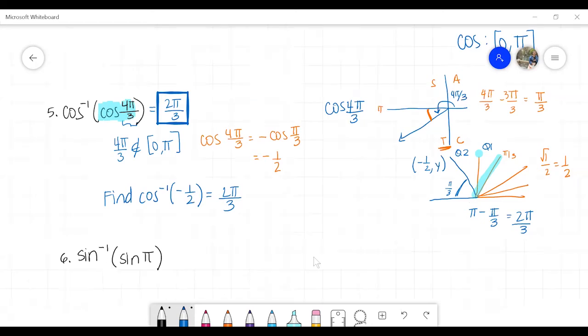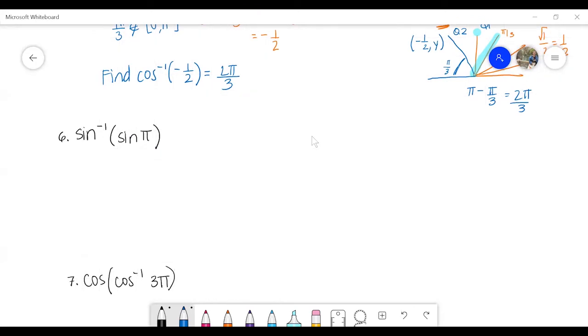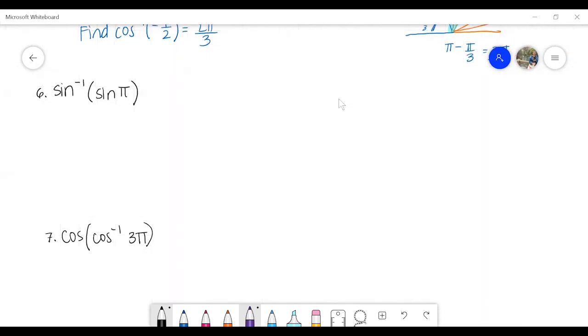How about number 6 down here? We've got sine inverse of sine pi. Again, I want to consider the domain. I can just write it again since it's all the way at the top. The domain we're looking at here for sine is negative pi over 2 to pi over 2, right?